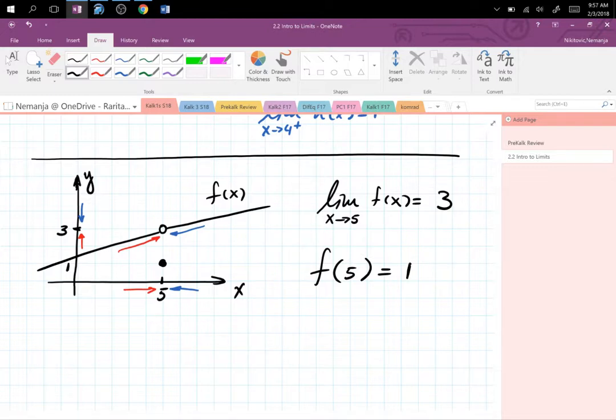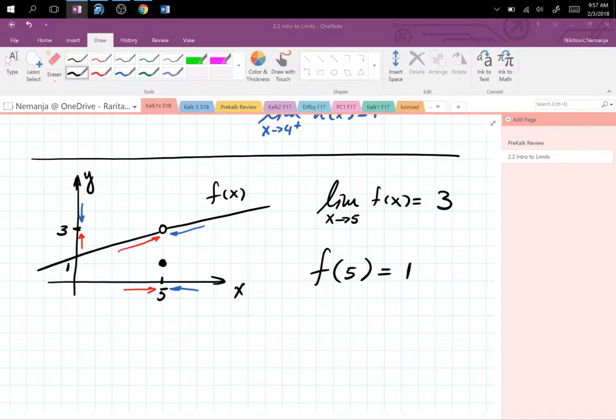Remember that limit deals with every other point but that one. Limit cannot detect that one. There's nothing you can do. So precalculus will return that as the answer. Precalculus will say f of 5 is 1. And precalc can detect that, because precalc is one point at a time, right?